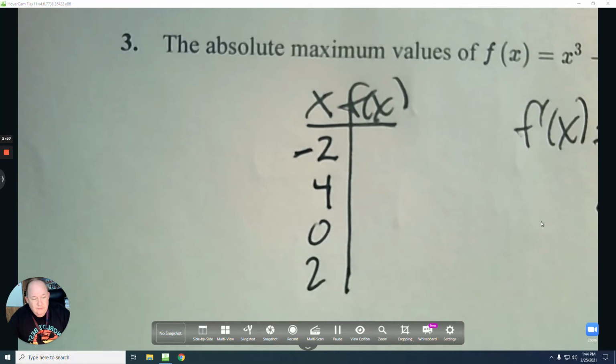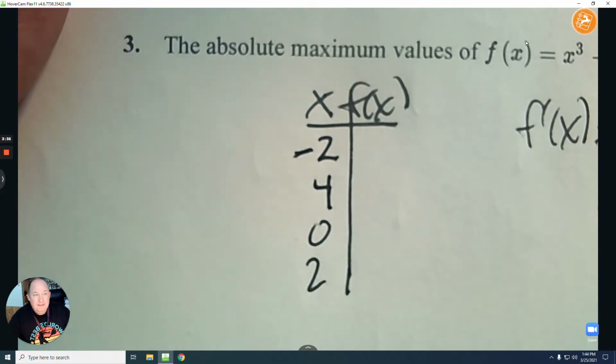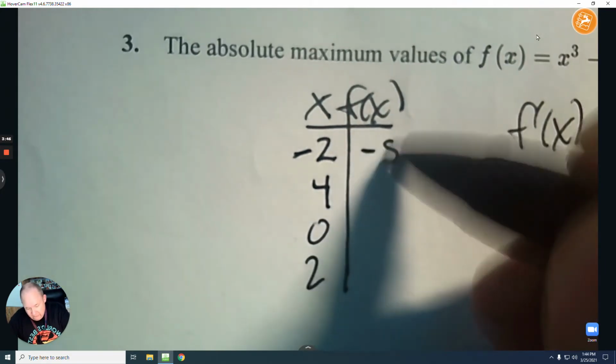For each of these numbers, you just plug them into f and then get an answer. So -2 cubed subtract 3 times -2 squared plus 12. Just plug -2 in. That gives you the answer -8.